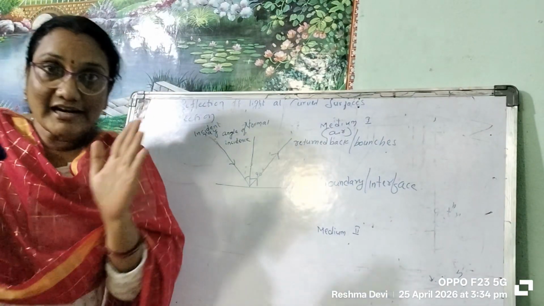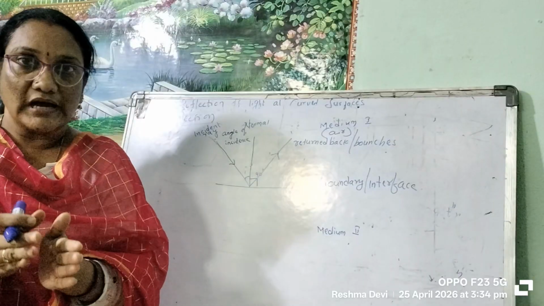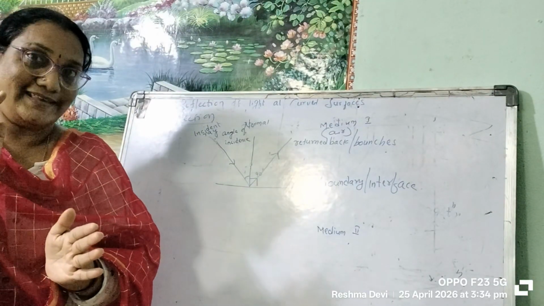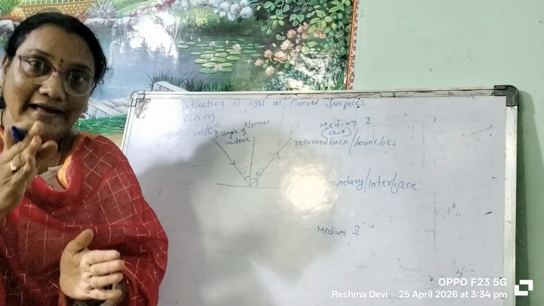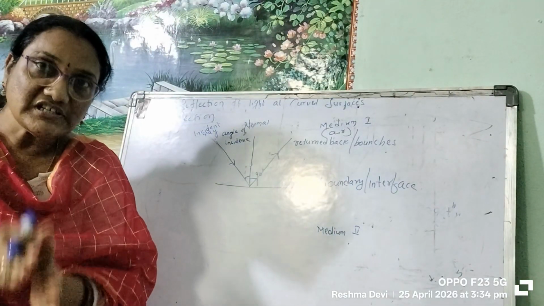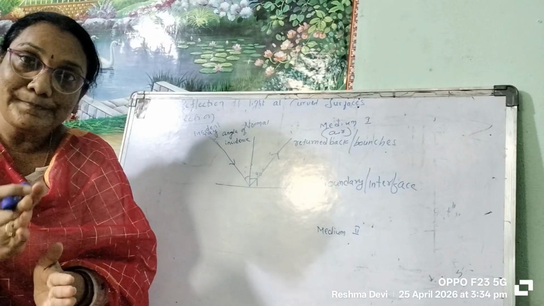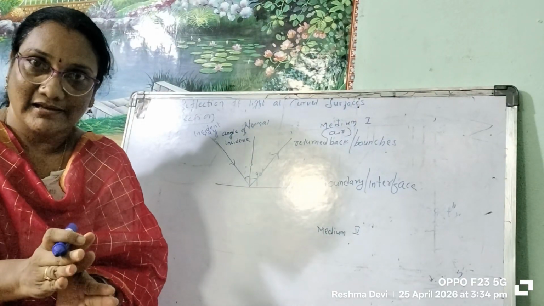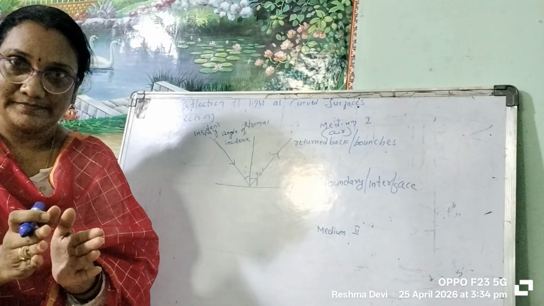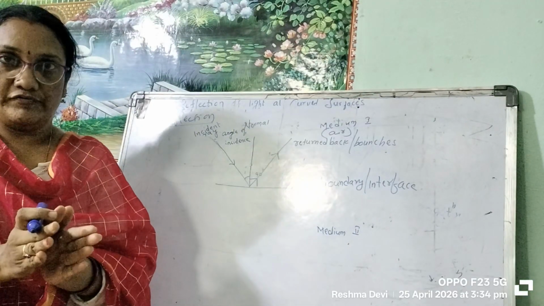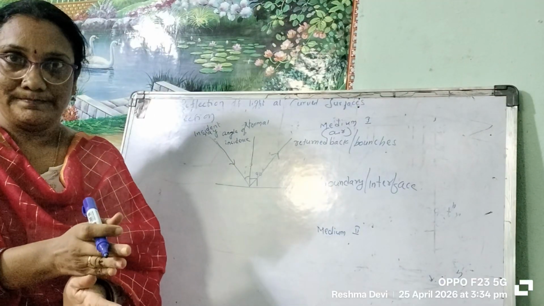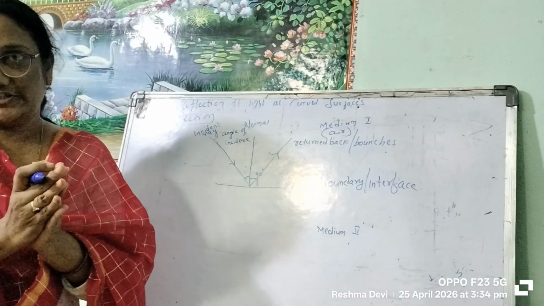It returned back into the same medium. Now we say that light had undergone reflection. So what is reflection? A returning back of light ray in same medium, we call it as reflection.